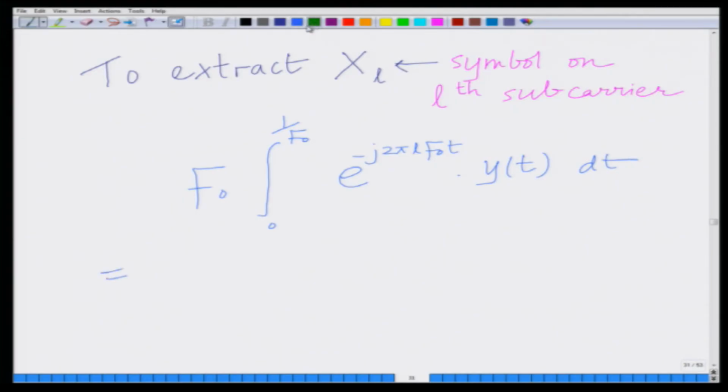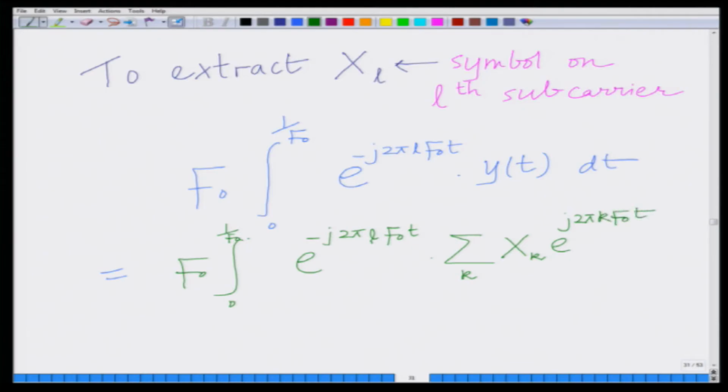Now, if you look at this, this is f naught integral 0 to 1 over f naught. I am going to substitute the expression for y t. So, this is integral e to the power of minus j 2 pi L f naught t times y t, which is summation over k x k e to the power of j 2 pi k f naught t.